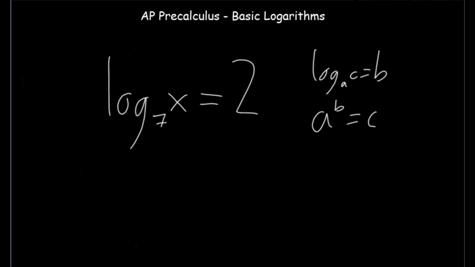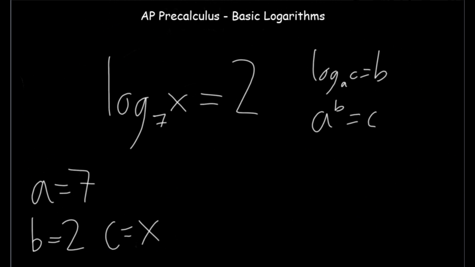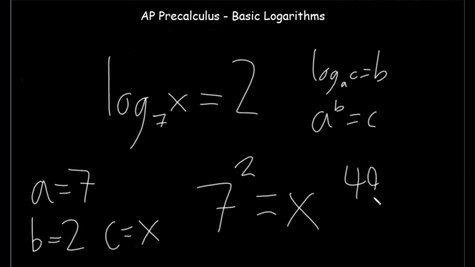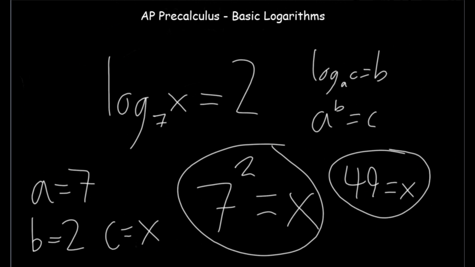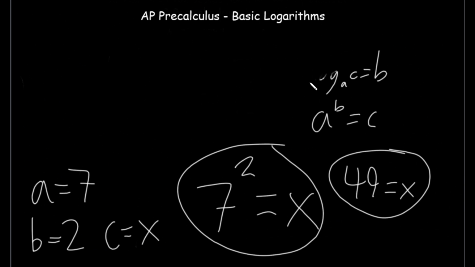Well, we need to identify that 7 equals a, b equals 2, and c equals x. So you can just do this accordingly. 7 squared equals x. And we know that 7 squared equals 49, so we can just say 49 equals x. Both of these are correct. So very simple way of converting it.